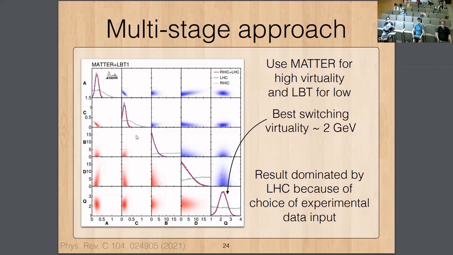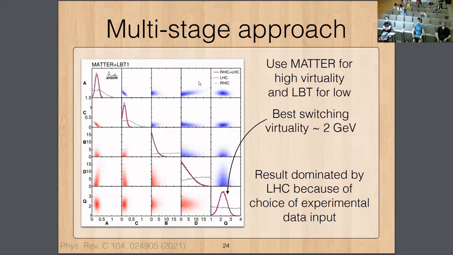And what's shown here is also the difference between what we get from RHIC plus LHC data together in red, and LHC data only in blue. And here, in contrast with the soft one, we can see that things are very similar between RHIC and LHC. And this has a simple explanation.